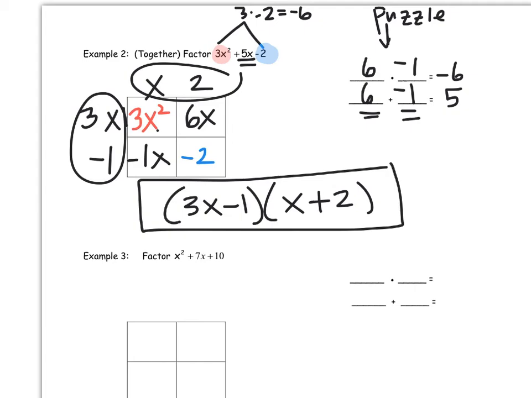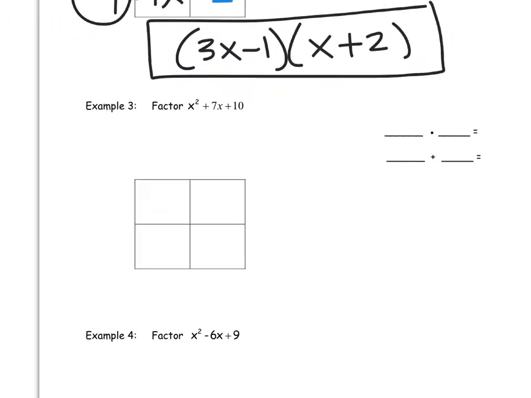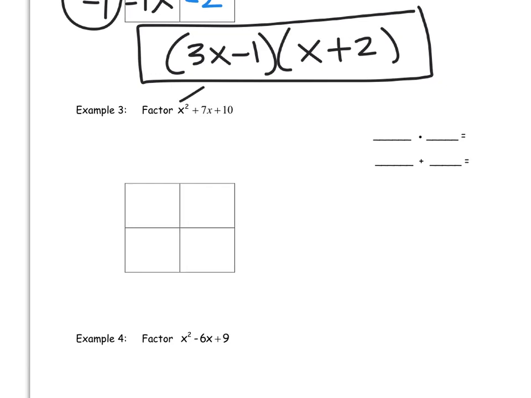All right, next one we have x squared plus 7x plus 10. So I'm going to make the little hat. X squared just has a coefficient of 1, so I do 1 times 10, and that gives me 10. So that means I need to solve this puzzle. What two numbers multiply to get 10 and add to get 7? And that one's a little bit easier than the last one. It's just 5 and 2, both positive, 5 and 2.